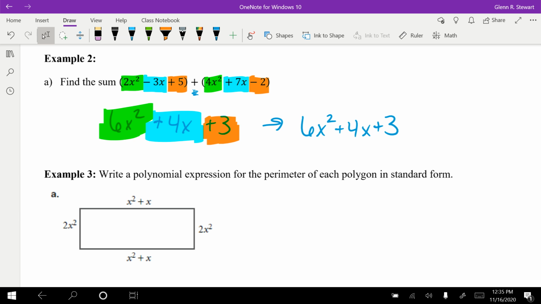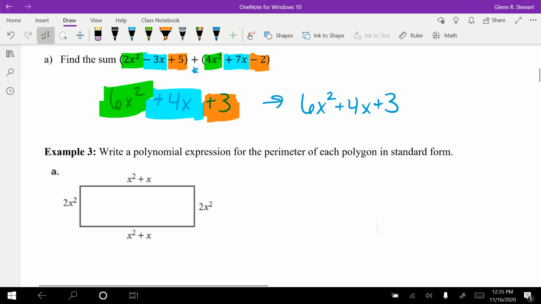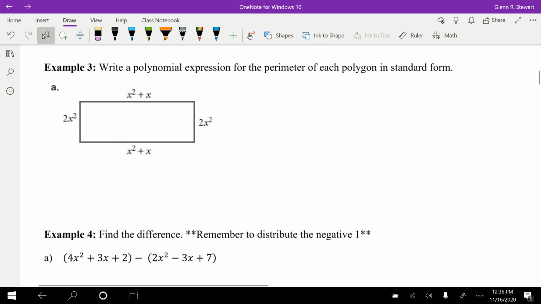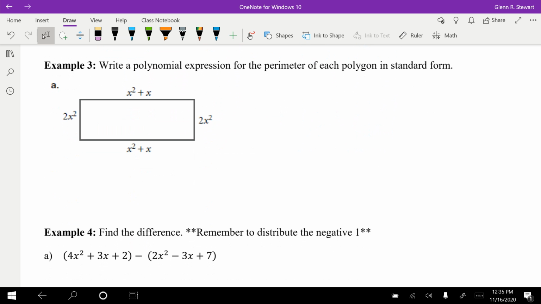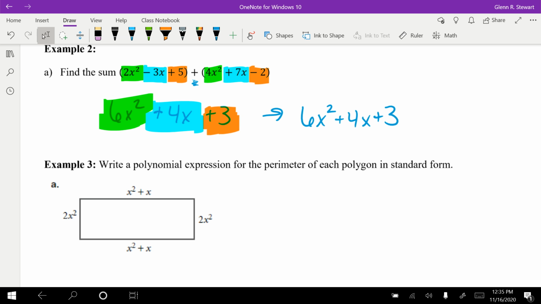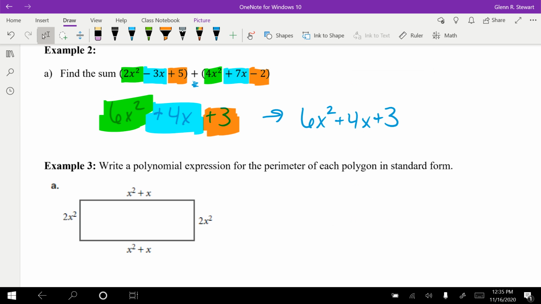I'm going to ask you to try example 2 real quick. See if you can add these polynomials together to create one expression in standard form. Take a minute. You can use example 2 as practice, but just take a look at it and try on your own. And then we'll look at my answer and see if we're kind of similar.